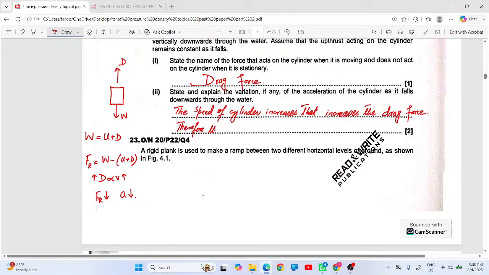Therefore the resultant force also decreases, that decreases the acceleration. Any confusion now?